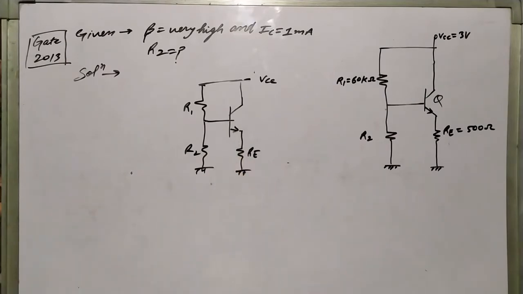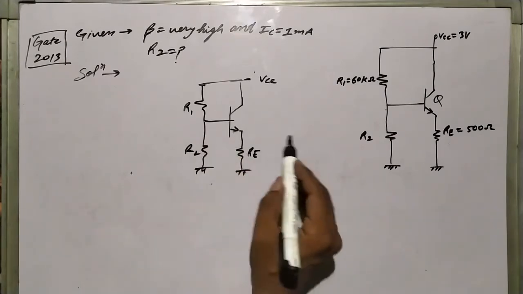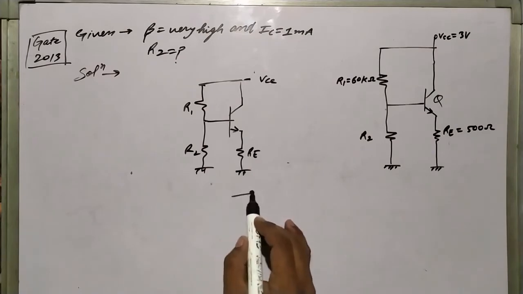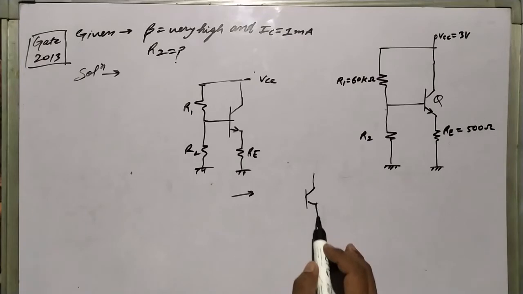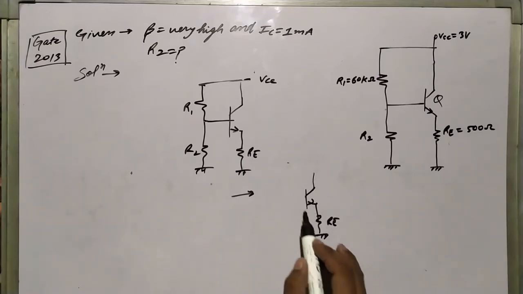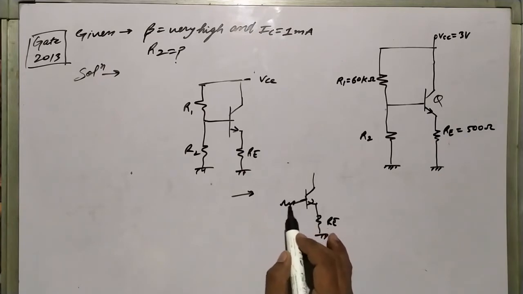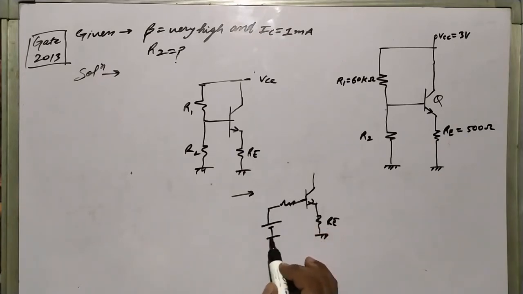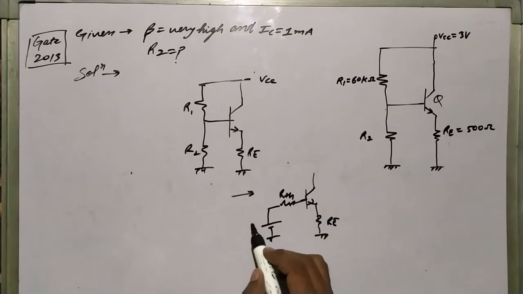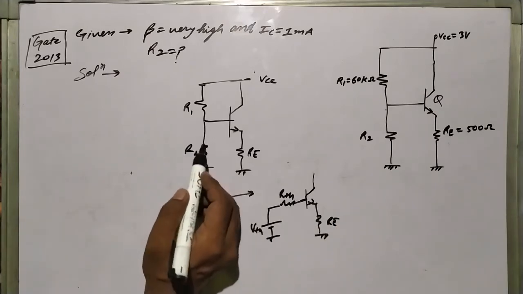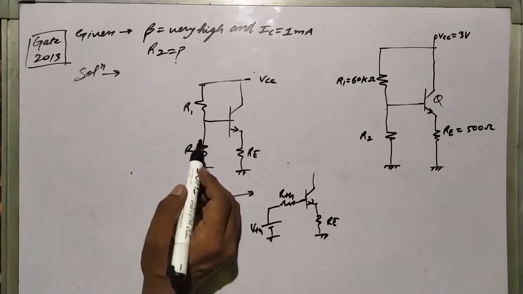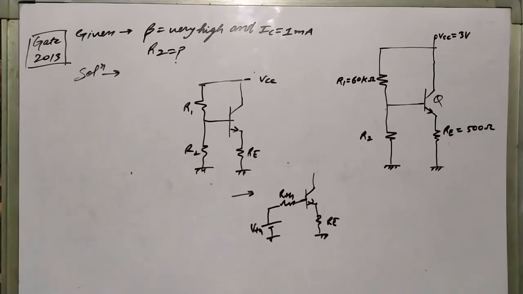To convert this circuit into a simple circuit with RE, RTH and VTH, we have to calculate the voltage across this R2 and the equivalent resistance and the equivalent VTH.